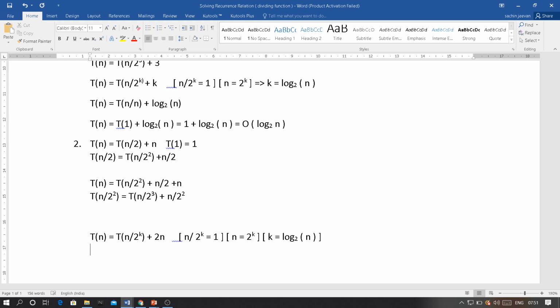Now what we need to do is substitute these values. So t of n is equal to t of n divided by 2 power k, and the value of 2 power k is equal to n. So n divided by n plus, I'll be getting 2n.